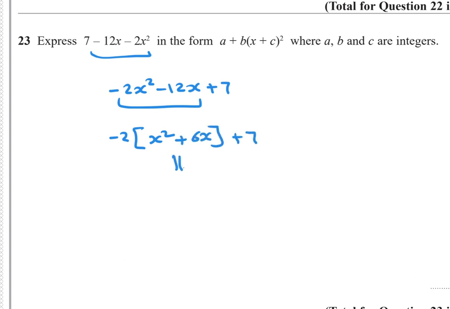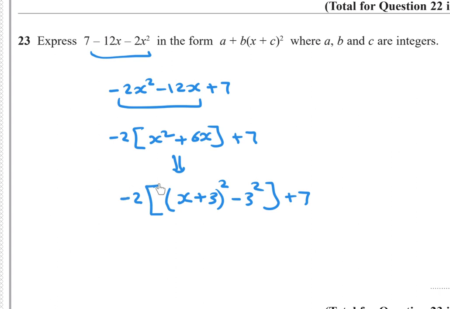Now you can convert to vertex form by completing square. So negative 2 bracket x plus half 6, which is 3, so x plus 3 squared minus 3 squared plus 7.